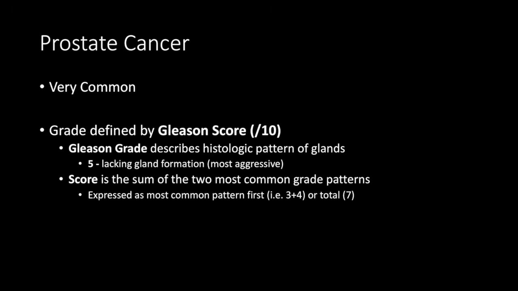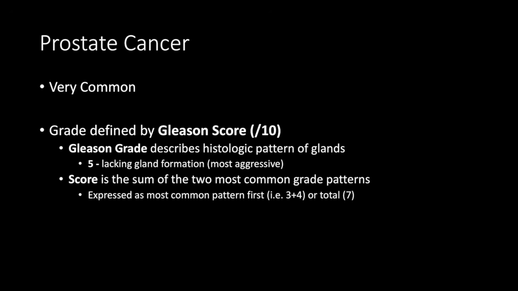So how do we define which lesions are clinically significant? One of the things that we can look at is the Gleason grade. Put simply, remember, as most of you know, when we use the word staging, we're talking about where the tumor has spread. And when we use the word grade or grading, we're talking about how abnormal the cells actually look.